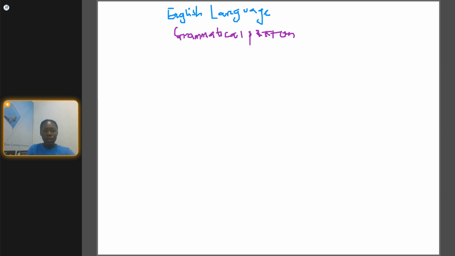In a simple way, when you mention agreement, the word agree comes in. So, what does it mean to agree? Agreement or to agree means certain things that match or go together correctly.